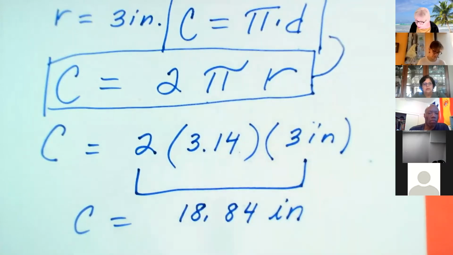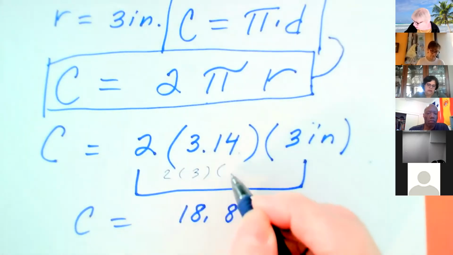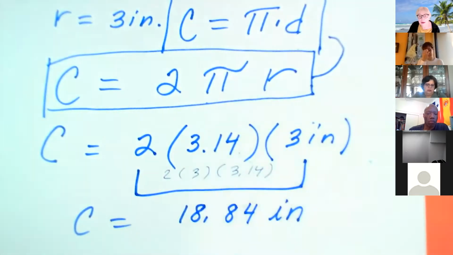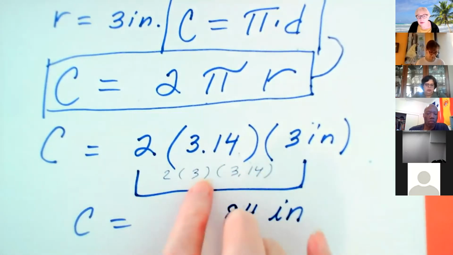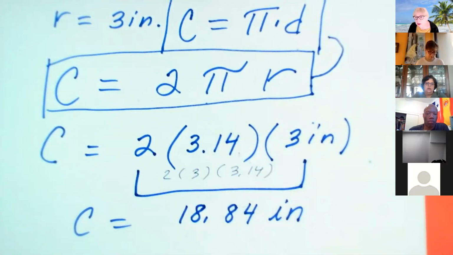And so in a way, that's what I did. I took my 2, then my 3, then my 3.14. I switched those two. I'm allowed, commutative, right? It's not going to change the answer.